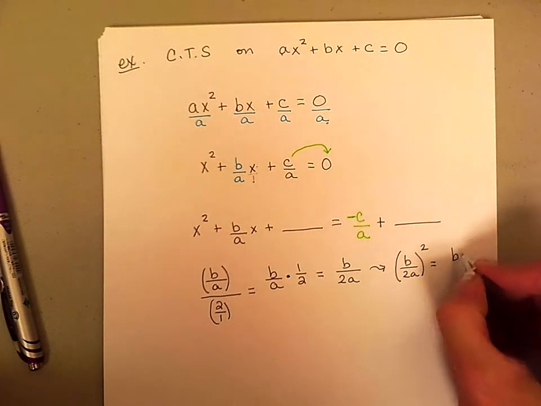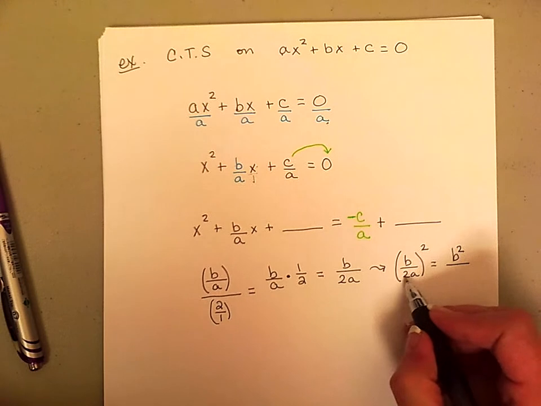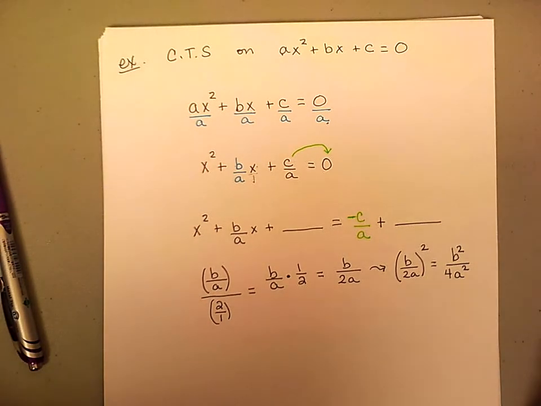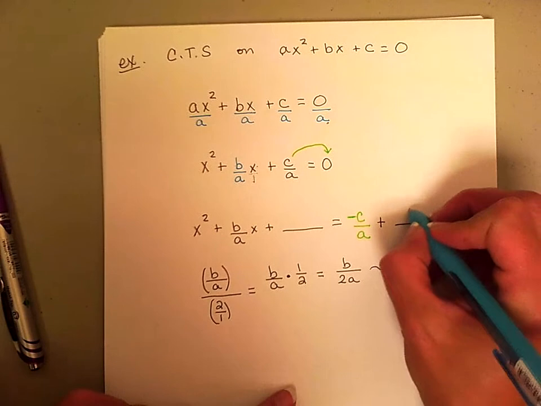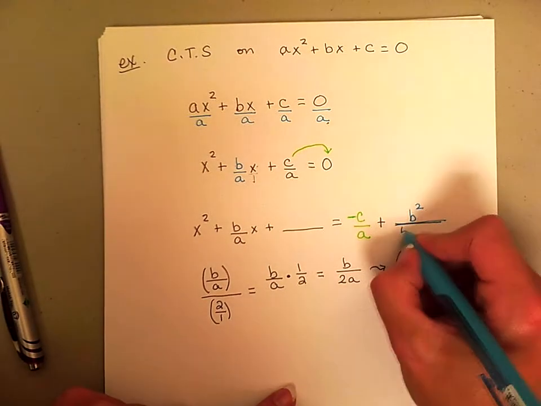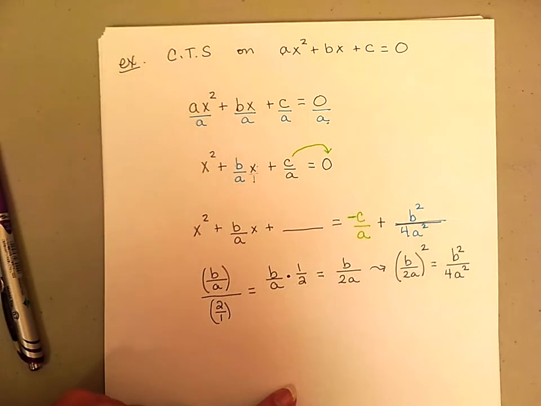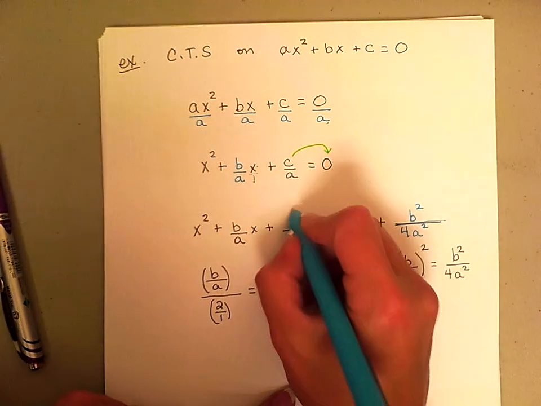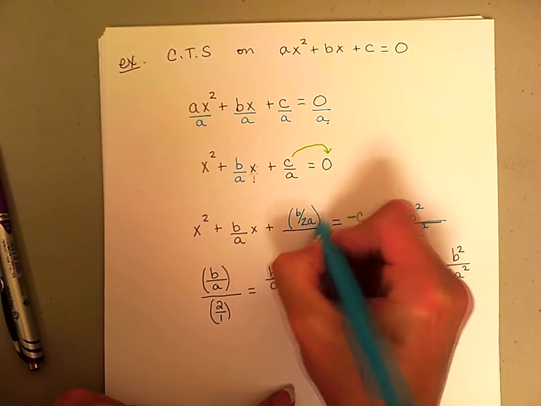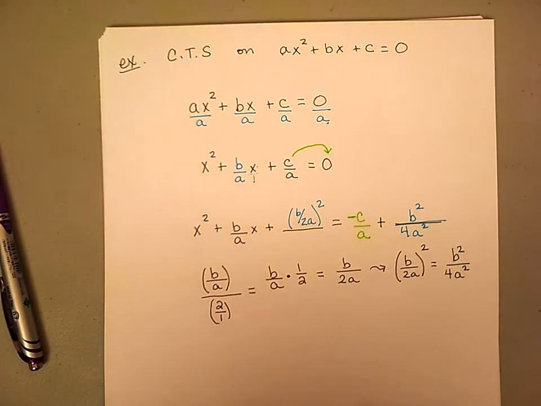Which is equal to b squared over 2 squared is 4 and a squared is a squared. So this is what's going to be added, b squared over 4a squared. And here, I'll leave this as the quantity that's squared, so I know how it'll complete the square.